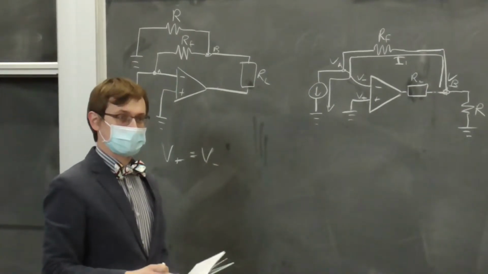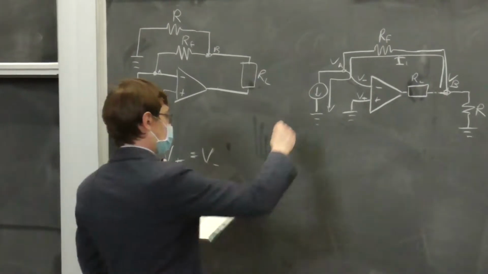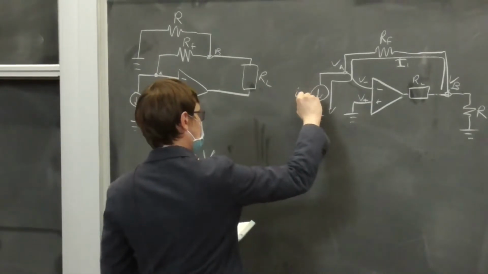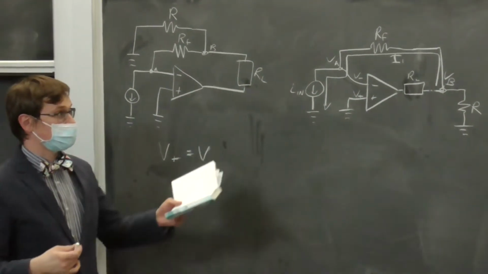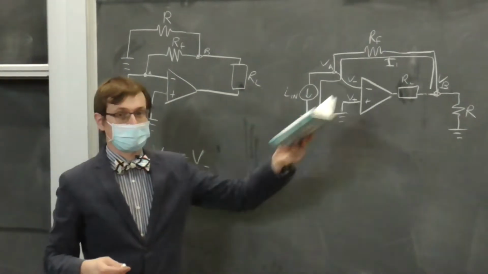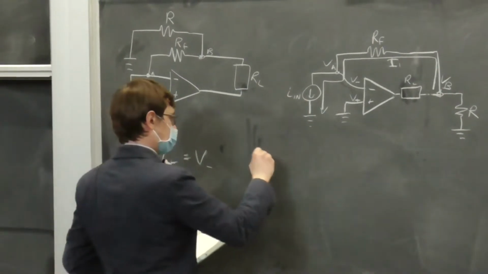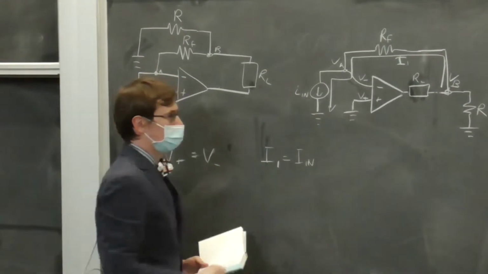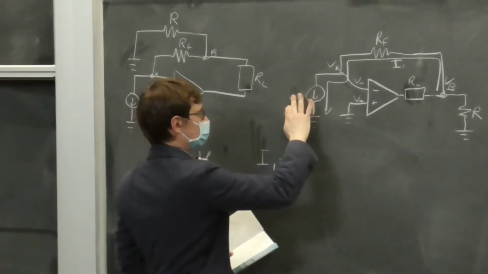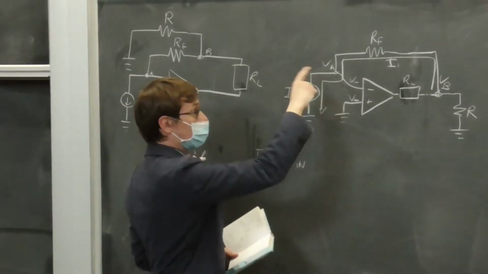Well, yes, we do have a resistor. But we also have current source, I in. All right? So we can say with certainty that I1 is equal to I in. Right? Make sense? Because there's nowhere else for it to go.